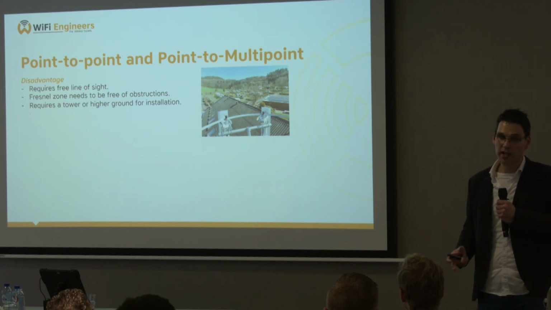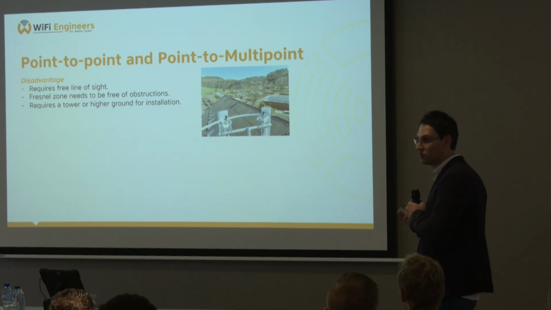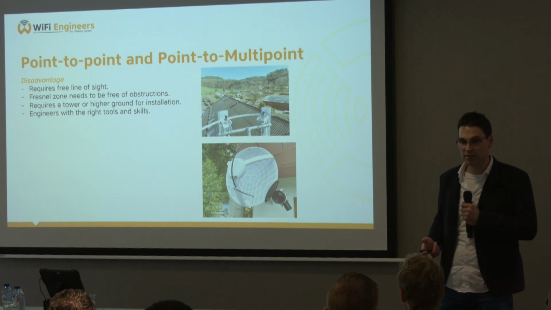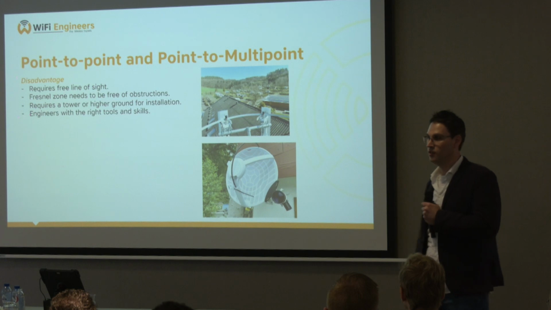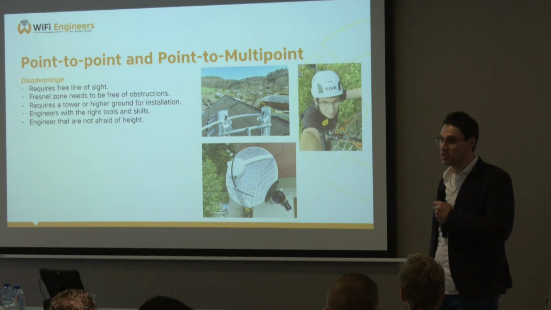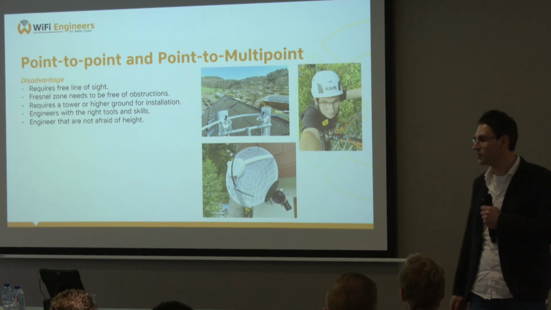It might require higher grounds or maybe a tower for this to be installed on. And you might need to have additional equipment to properly align and install these equipment. You might also need to have an engineer who is not afraid of height.